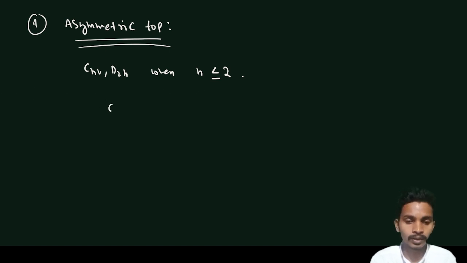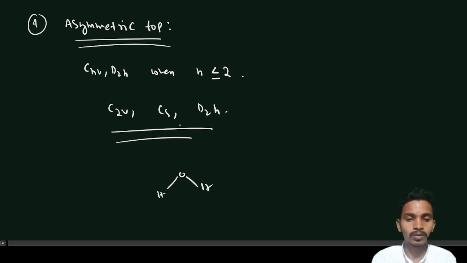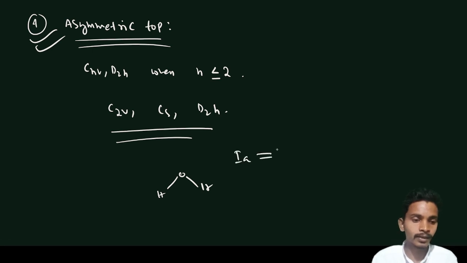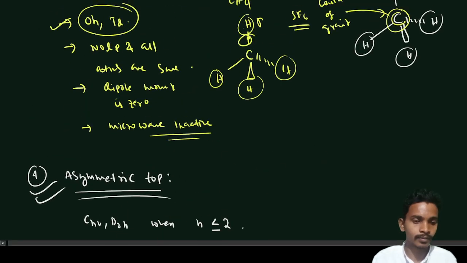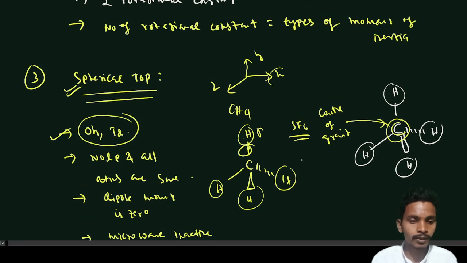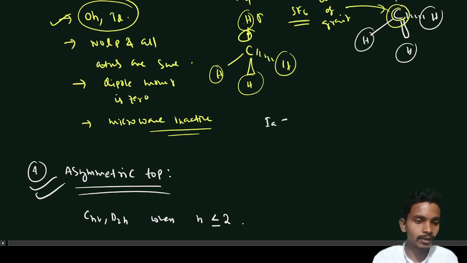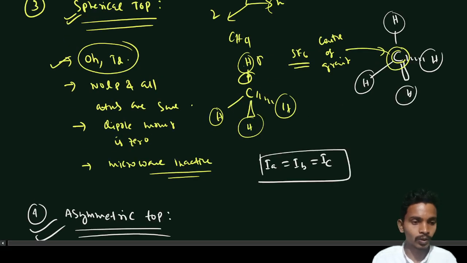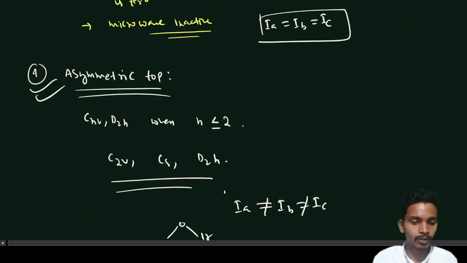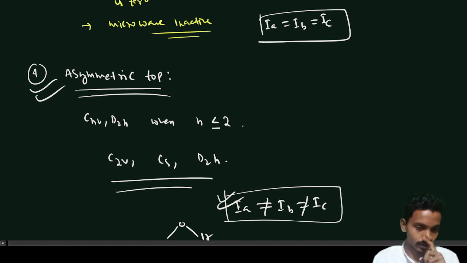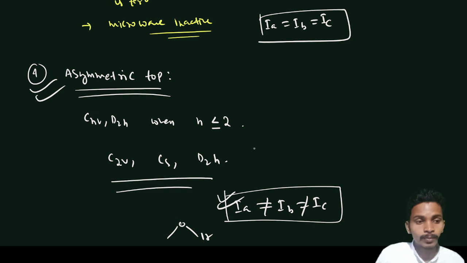So this type of molecules, like C2v, Cs, D2h, these point groups, like water, these molecules will lie in asymmetric top molecules. So here IA not equal to IB not equal to IC, and for spherical top molecules, IA equal to IB equal to IC. Okay, and for asymmetric top molecules they are not equal. Okay, so today up to this, thank you.